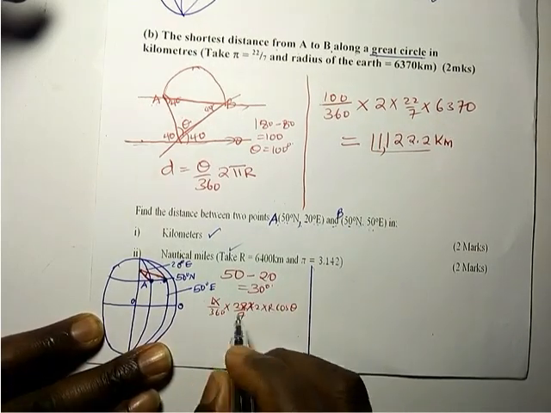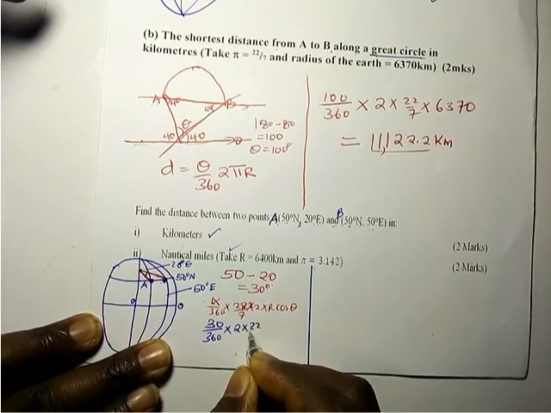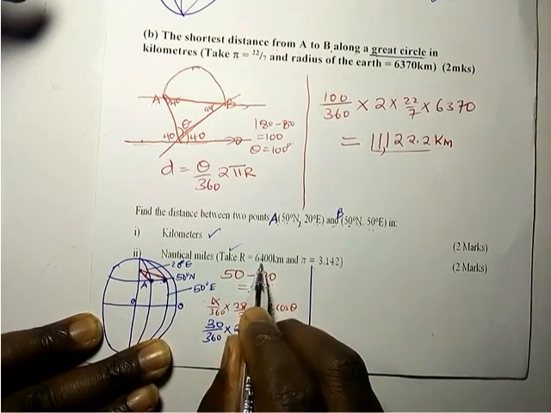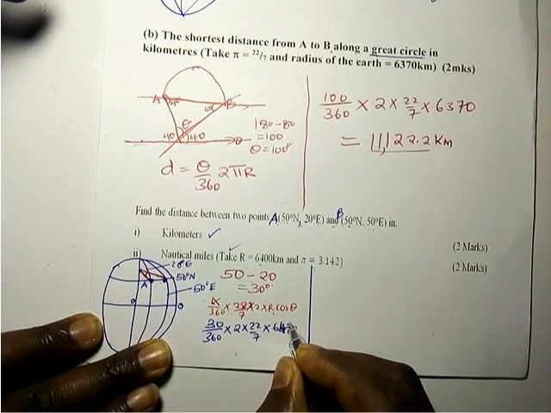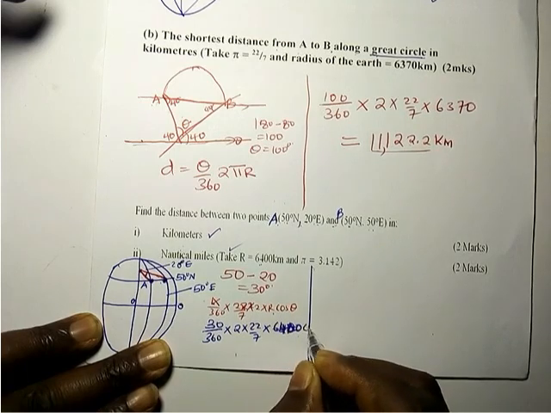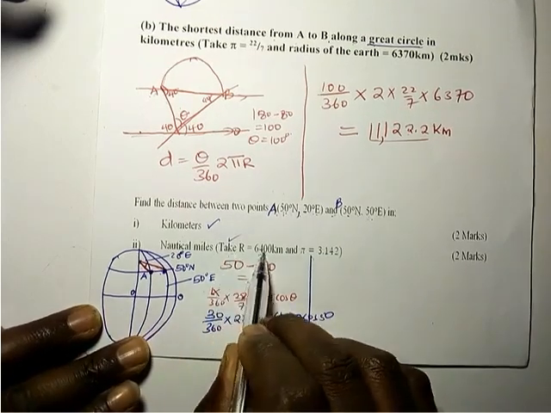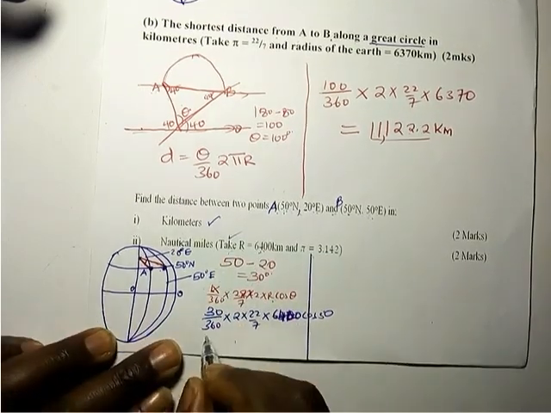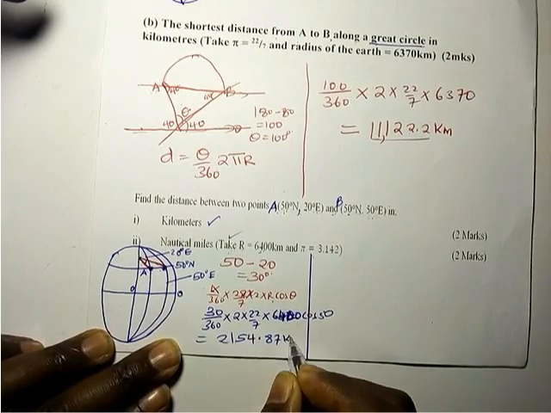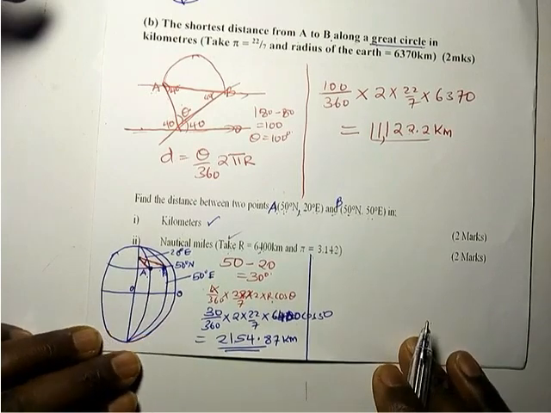So our alpha is 30 over 360 times 2 times 22/7 times radius 6370, but we were given radius 6400, so we use that, times cos latitude, which is 50. So you take the radius to be the one you have been provided. So finally this one is going to give us 2154.87 kilometers. So that is the distance AB.